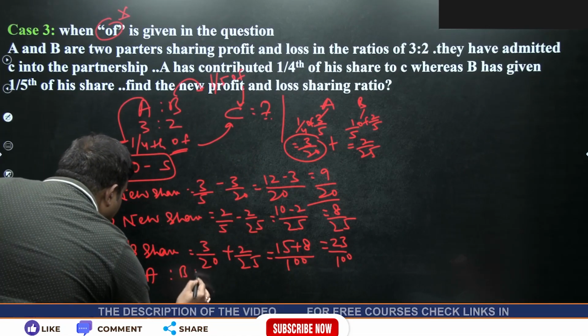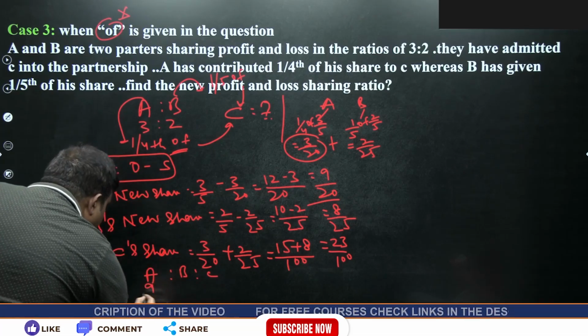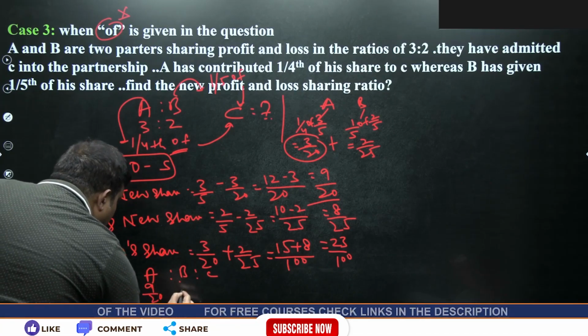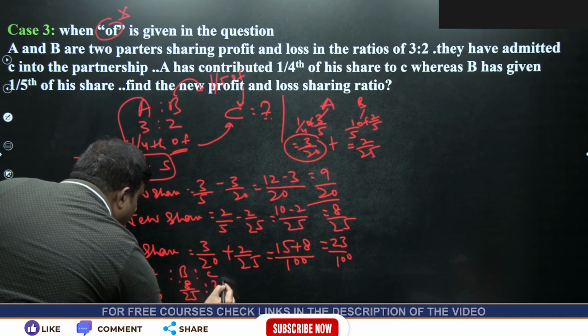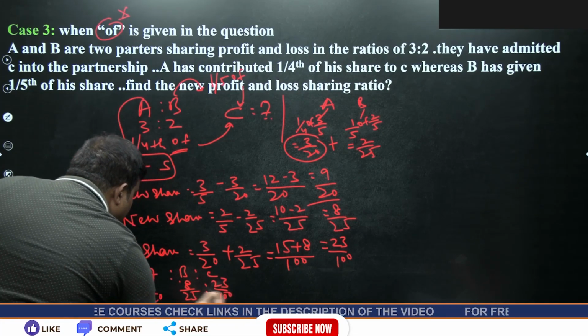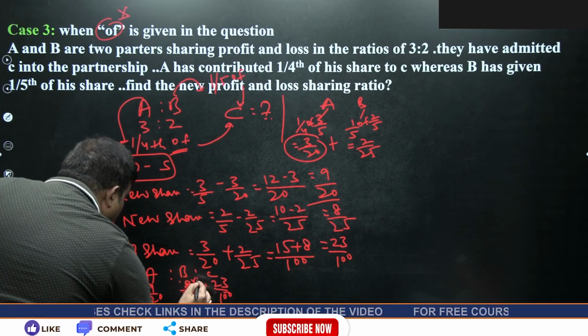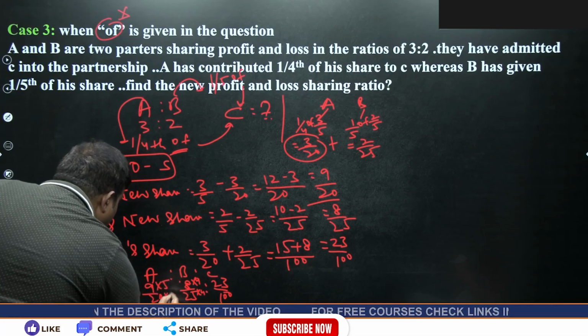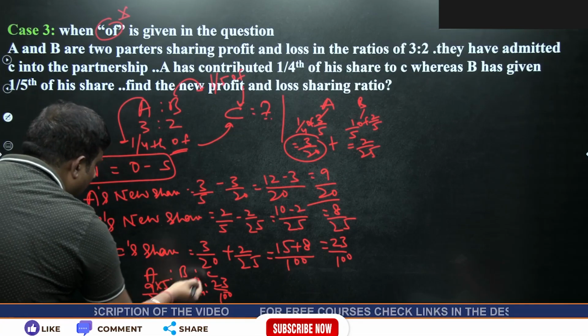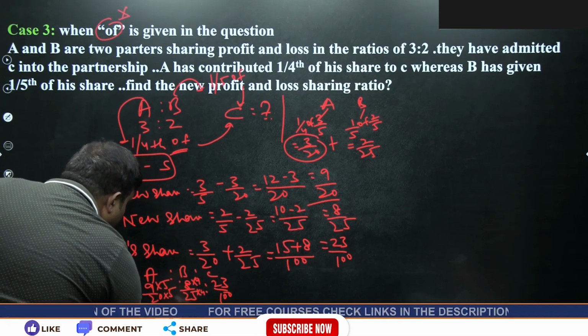Let's simplify A, B, C also. So 9/20, 8/25 and 23/100. If you equalize all the partners, we have to multiply A by 5/5, and B by 4/4.